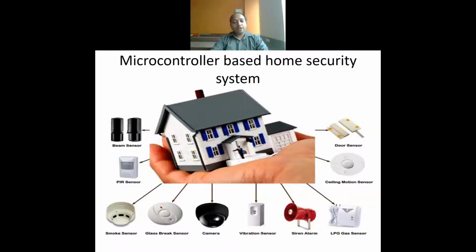We have a PIR sensor to detect any anomaly or any person entering that area, a smoke sensor to detect smoke, and a glass break sensor. A camera so we can capture images. A vibration sensor, and for outputs, siren alarms or any kind of graphical user interface. Everything we can design using this microcontroller based system.